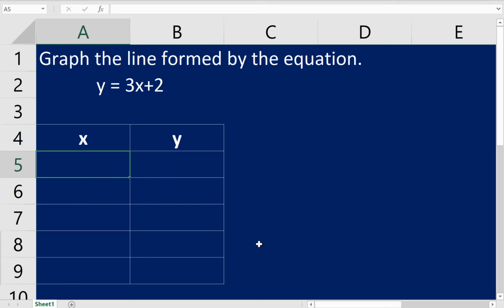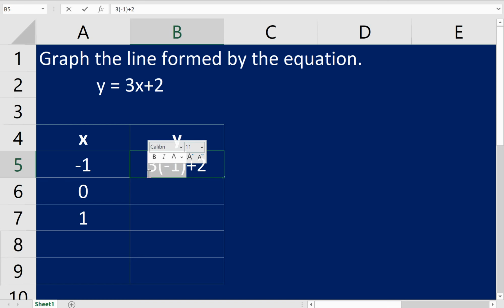Or you might do ordered pairs and just pick some values for x, such as maybe -1, 0, and 1. You only need 2 points really, but you can start plugging in points for x. So if I do now 3 times -1 plus 2, -1 times 3 is -3, and -3 plus 2 is -1.